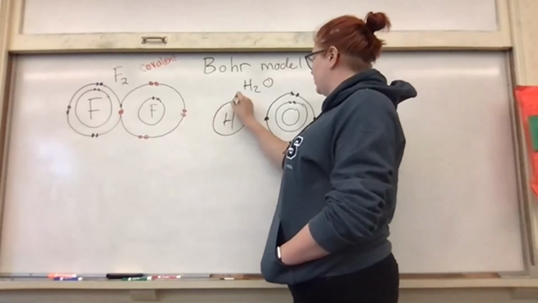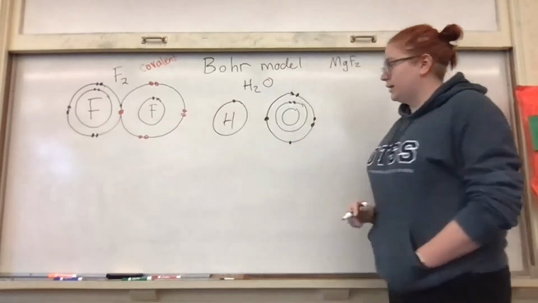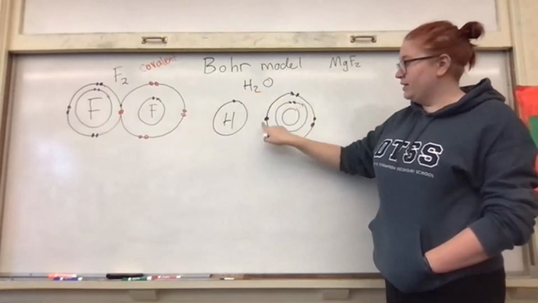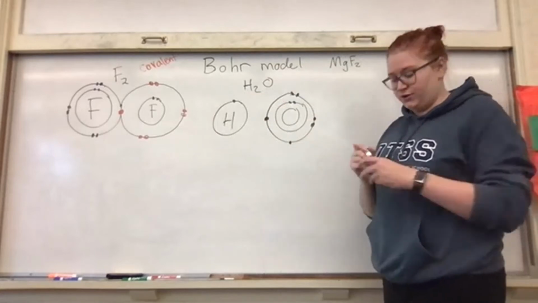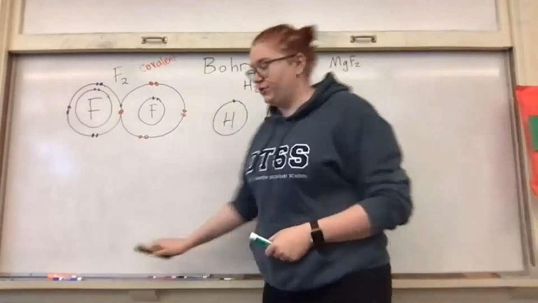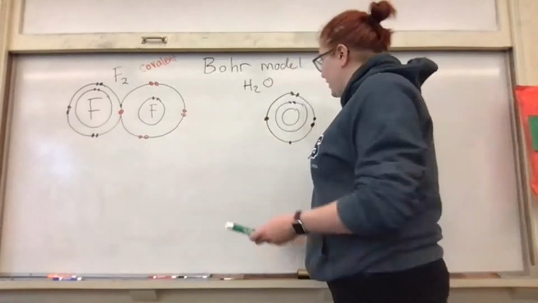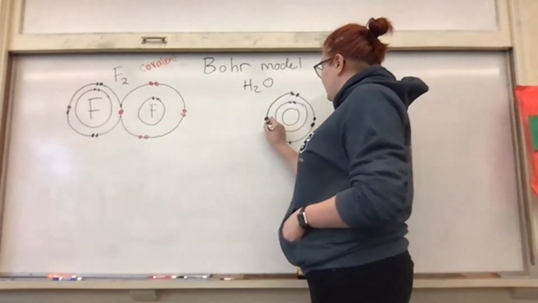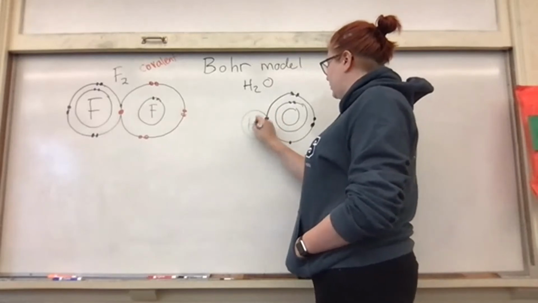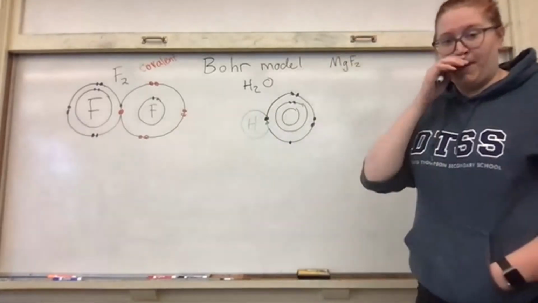Hydrogen just has 1. So, like the formula says, there are 2 hydrogens. It's because you're going to try and fill these 2 extra spots. So I'm going to draw hydrogen in green just to demonstrate this a little better. So hydrogen's 1 electron is now shared in the valence shell of oxygen.